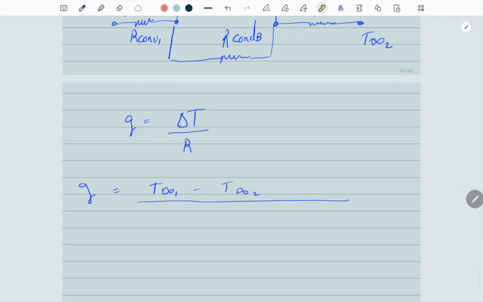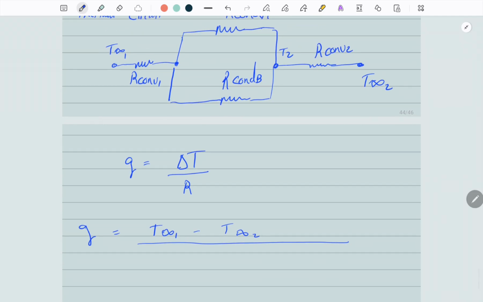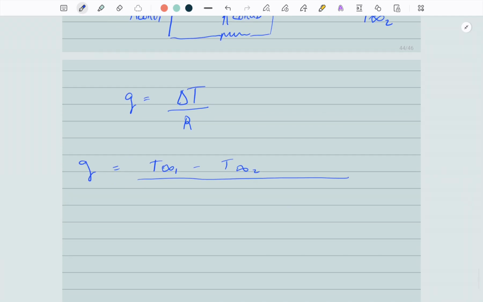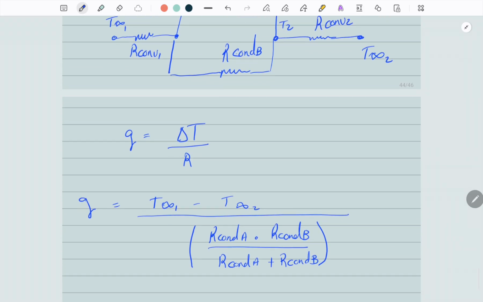Therefore, we'll first write down the parallel section, which is R conduction A times R conduction B divided by the sum of R conduction A plus R conduction B. So that hasn't changed from the previous example.